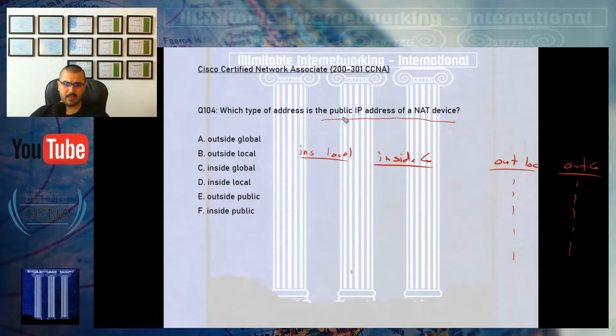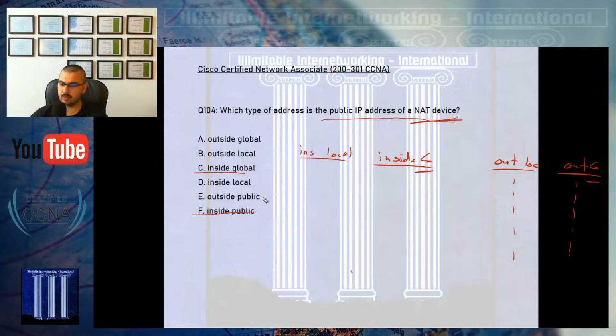So which type of address is the public IP address of a NAT device? Okay, publics definitely will be global. It's either inside global, my public, or outside global, the other guy's public. But since you are talking about a device, then it should be mine. And mine will be inside global, so it should be C. There is nothing called inside public.